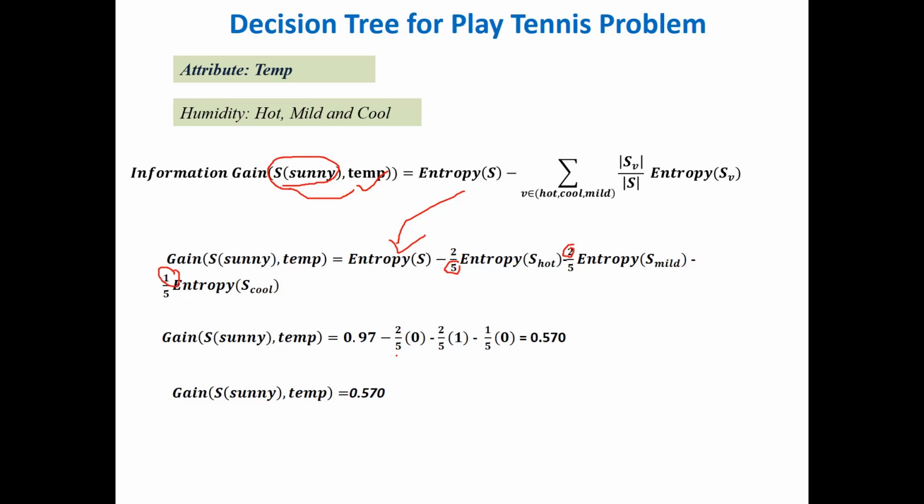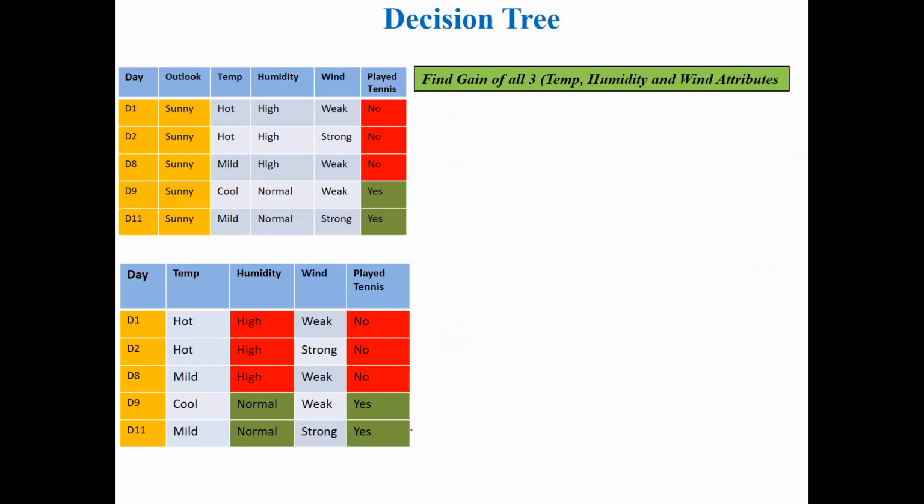It comes out to be 2 by 5 times 0, because entropy of S hot is 0, S mild is 1, and entropy of S cool is 0. So it comes out to be 0.570.